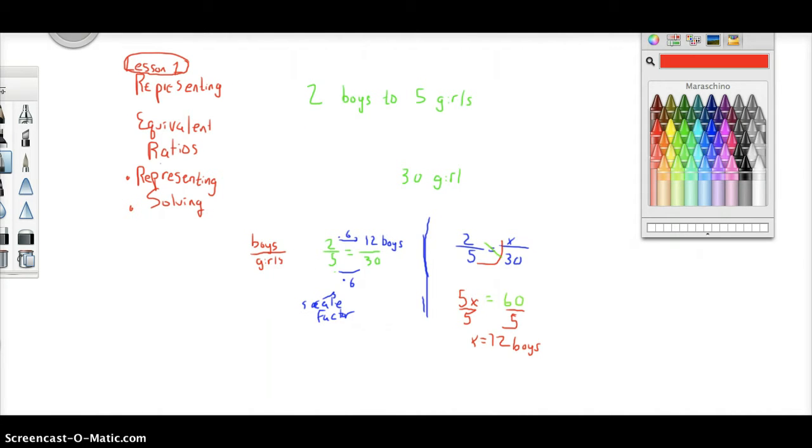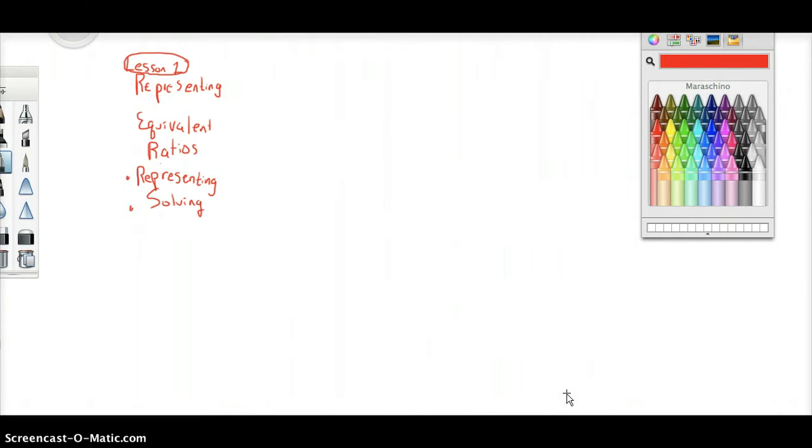Now the last thing I want to talk to you about is a ratio table. So let me clear all this out. A ratio table is just going to show me different combinations.